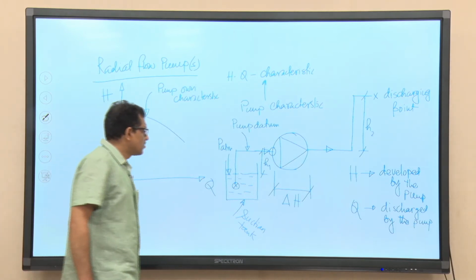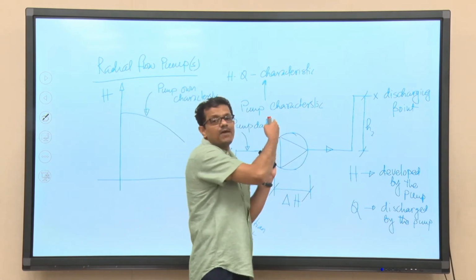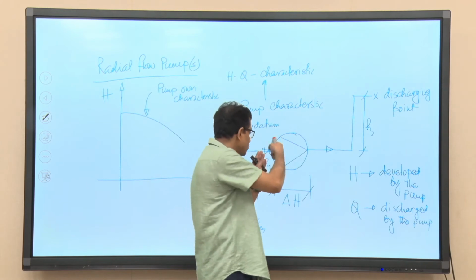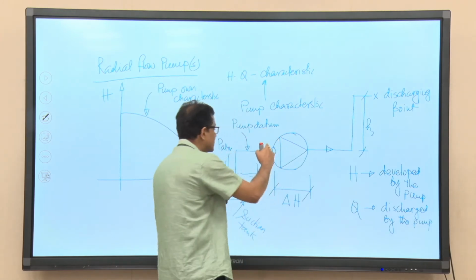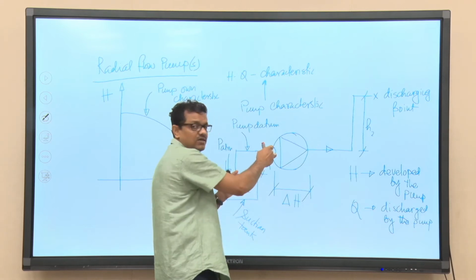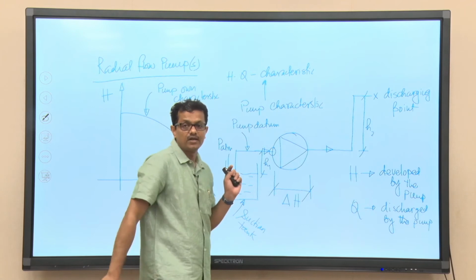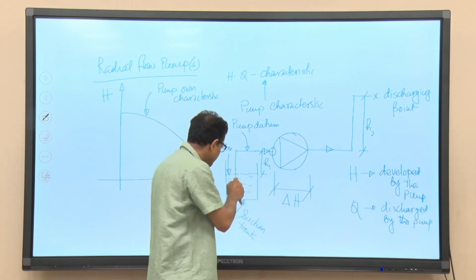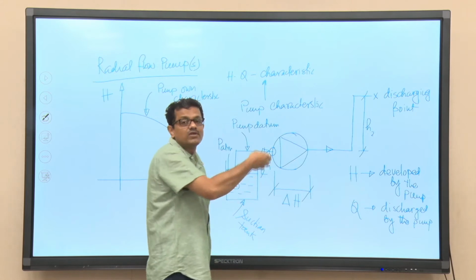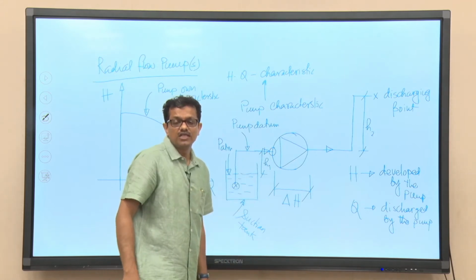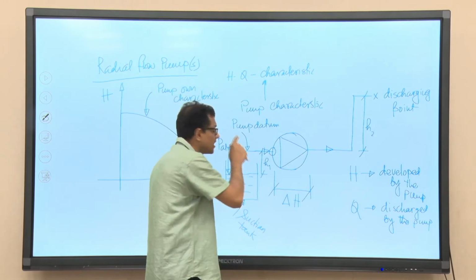That vacuum is created by the pump itself. The moment there is a pressure difference between the strainer and this particular point, only then will liquid start flowing from this point to that point. Mind it, when liquid is flowing from this point to this point, that liquid also will encounter loss due to friction and other minor losses due to the presence of the strainer and bends.